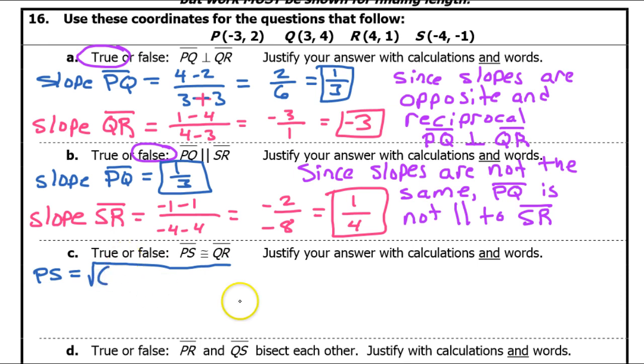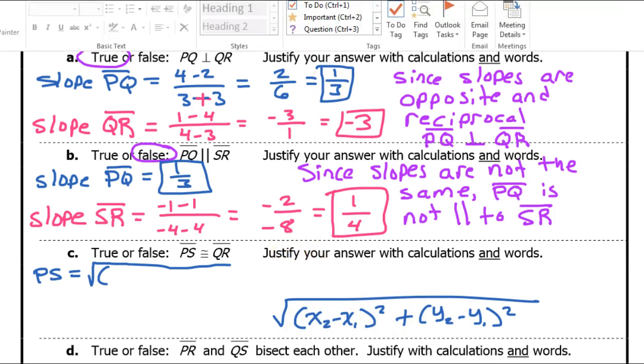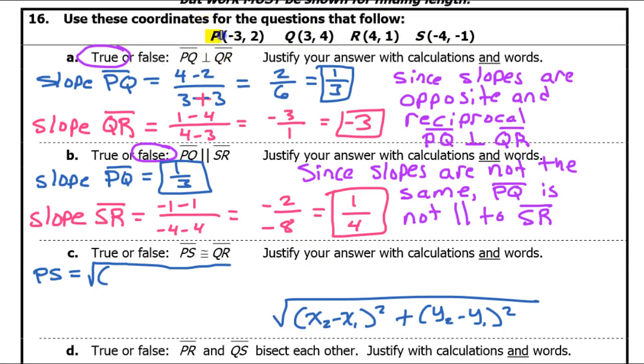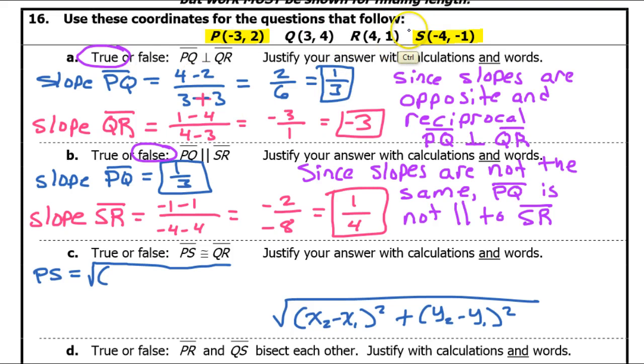The formula for length, maybe I'll just write this down off to the side real quick. The formula for length is the square root of x minus x squared plus y minus y squared. It's the distance formula, the length formula. So that's what I'm doing. So for PS, here's P and here's S. I'm doing x minus x.